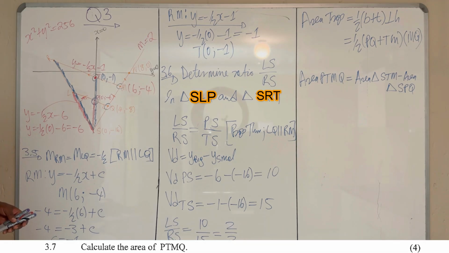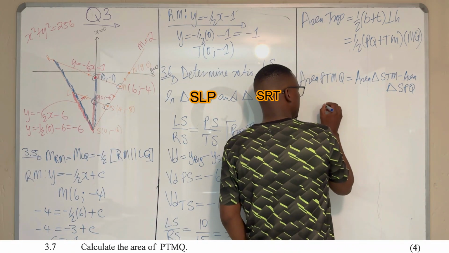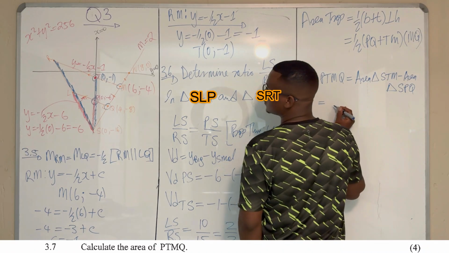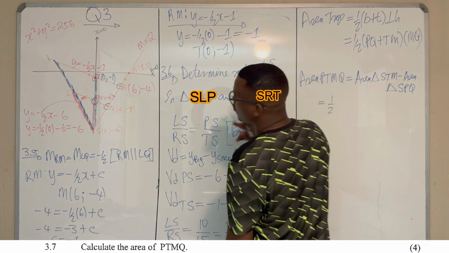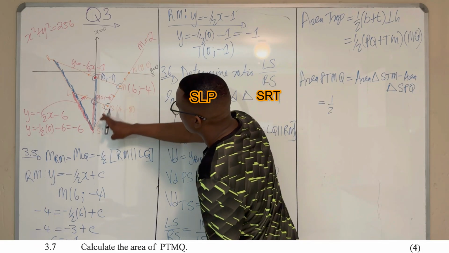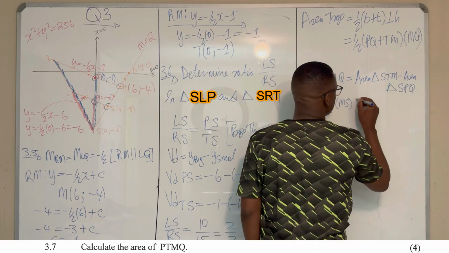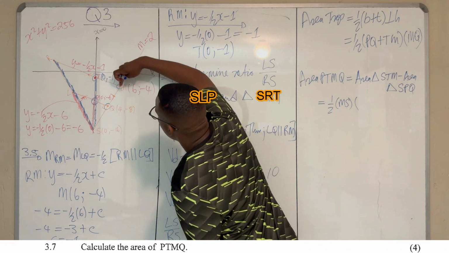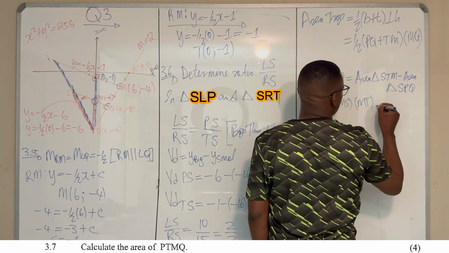So that should work as well. So in this case, if I were to write a formula for it, I'll say half base. What is our base? Our base is MS times the perpendicular height. Our perpendicular height over there is MT, minus half.